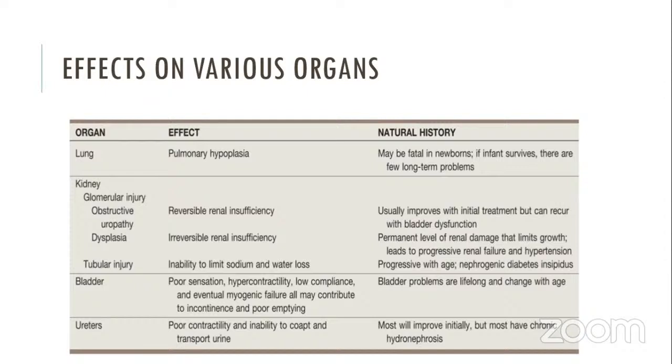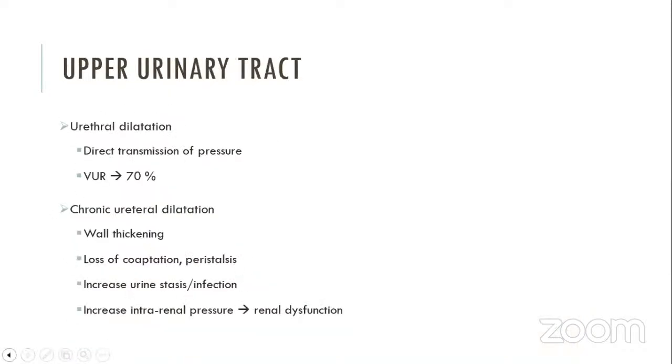In the upper urinary tract, ureteral dilatation leads to VUR in 70% of cases, and chronic ureteral dilatation will lead to wall thickening of the ureter, loss of adaptation and peristalsis, increased urinary stasis and infection, and increased intrarenal pressure leads to renal dysplasia and renal dysfunction.